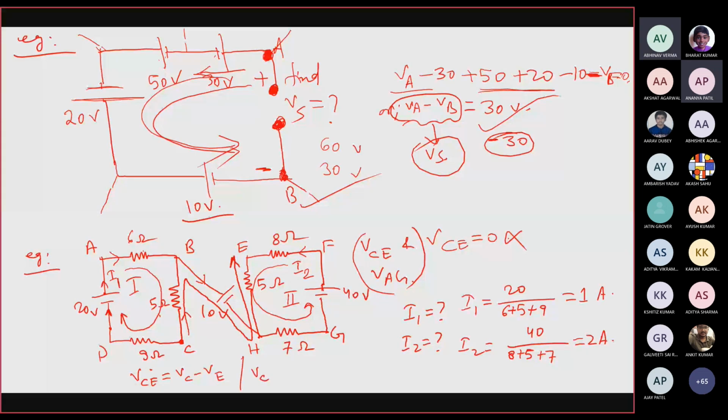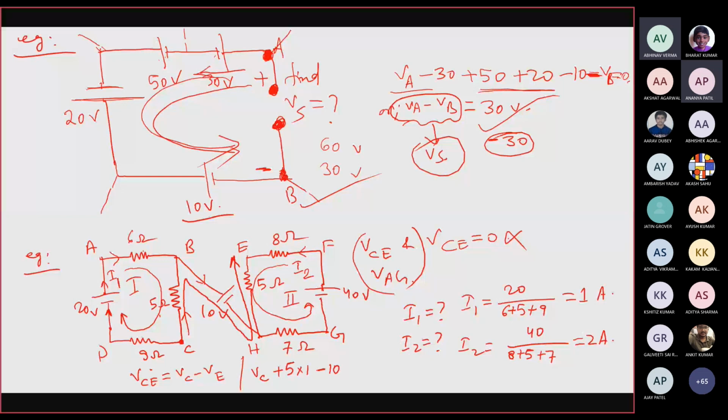We are moving in this direction. I1 is flowing in the clockwise direction, so we are moving in the opposite direction. So this will be plus 5 into 1. Then across this voltage source of 10 volt, it will be minus 10 volt. We are going from positive plate to negative.